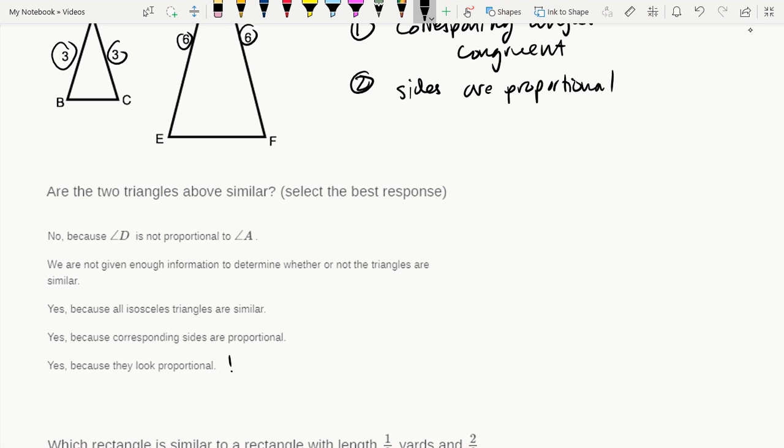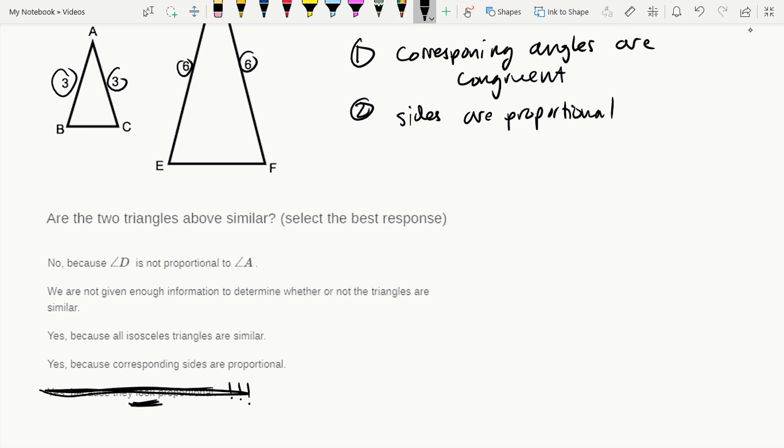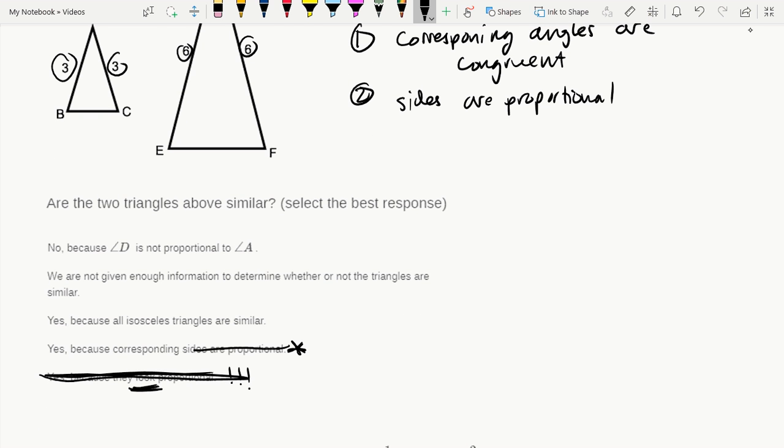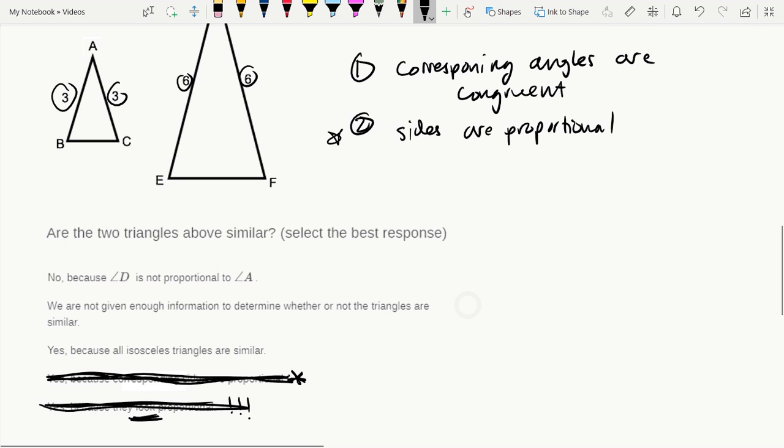Holy cow, this is dangerous. We never, ever, ever make decisions based on how they look. Definitely not that one. Now, this is true as far as we can tell, but since we don't know any angles, that's rule number 2. We don't know rule number 1.